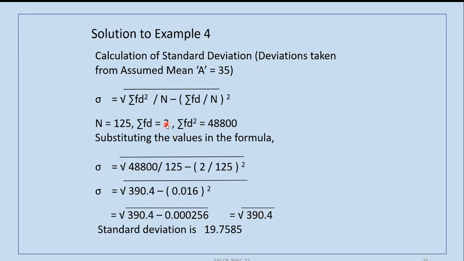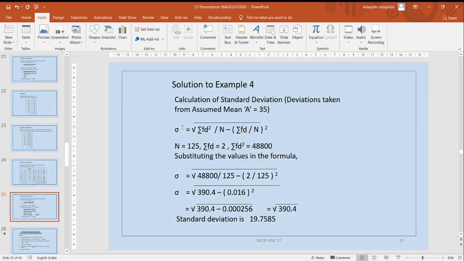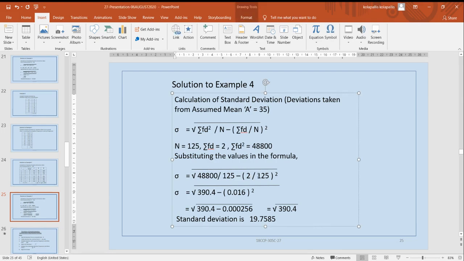So here 20 should be taken, sigma fd, that means 20 by 125, that is 0.16. 0.16 whole square is 0.0256.